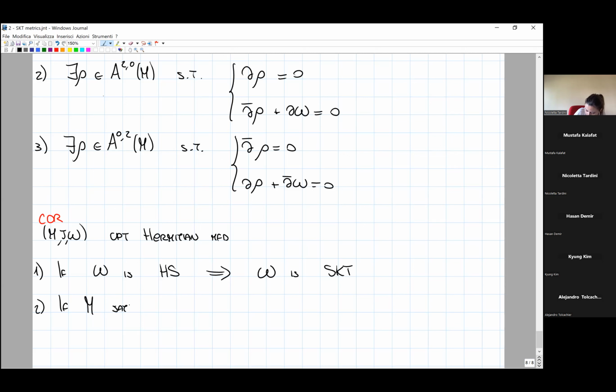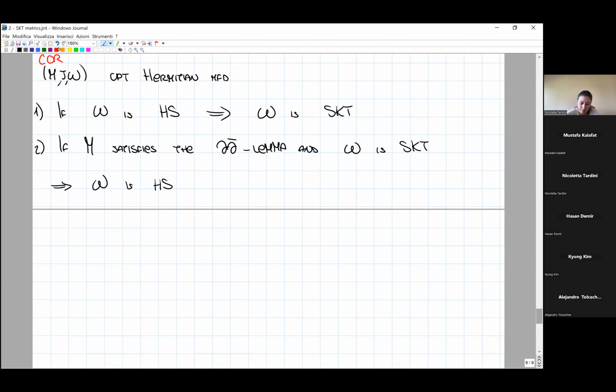But the converse is true if we add an additional condition. If M satisfies the del-del-bar lemma and omega is SKT, then omega is Hermitian symplectic. The del-del-bar lemma is a cohomological condition.